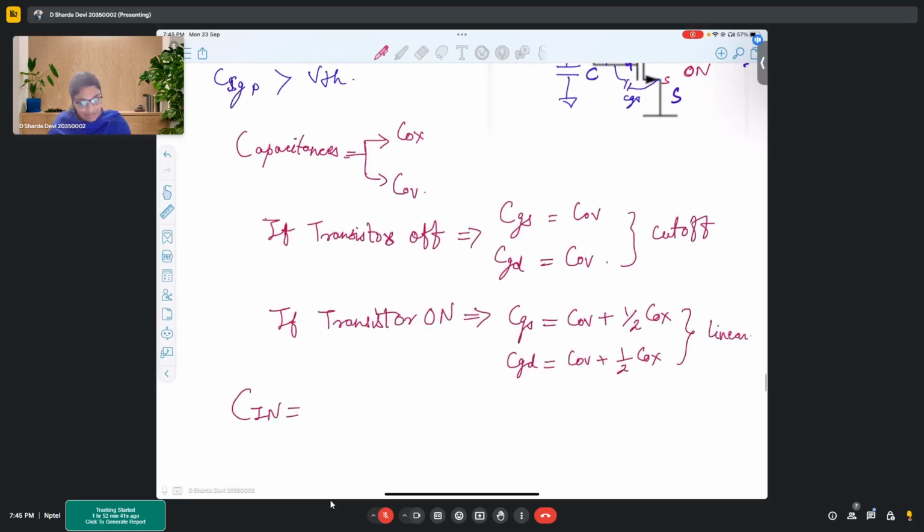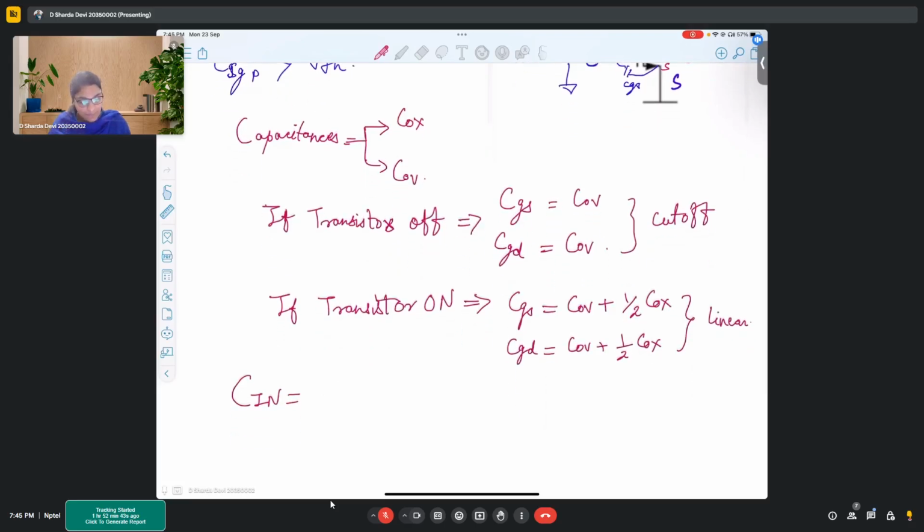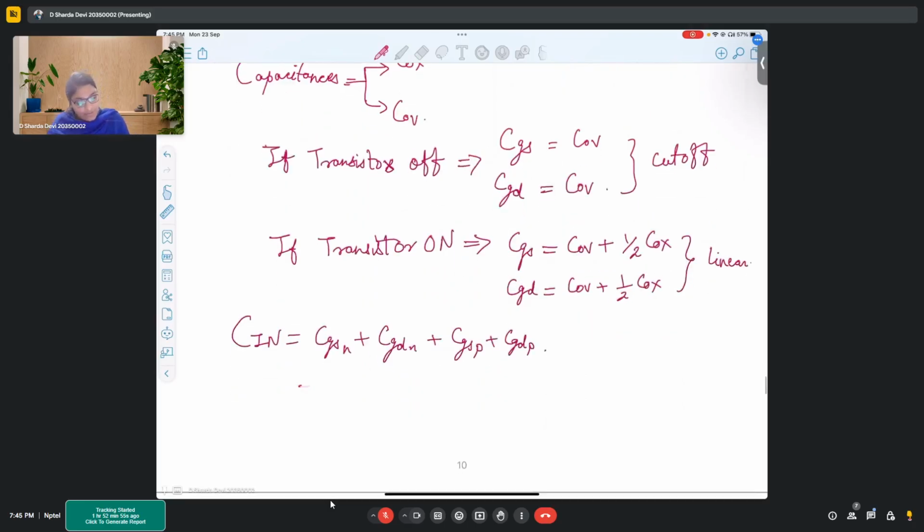So the capacitances that will appear are CGSN plus CGDN, CGSP plus CGDP. So here we have to substitute. Now this is in linear, this is in off. So accordingly we have to use the values.